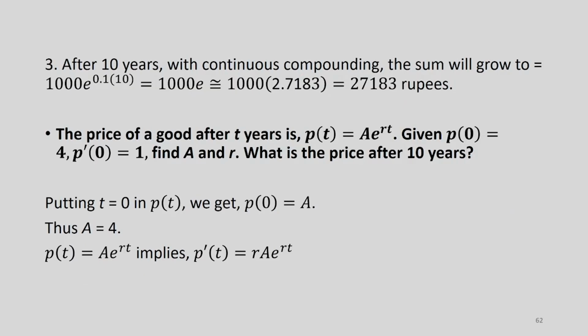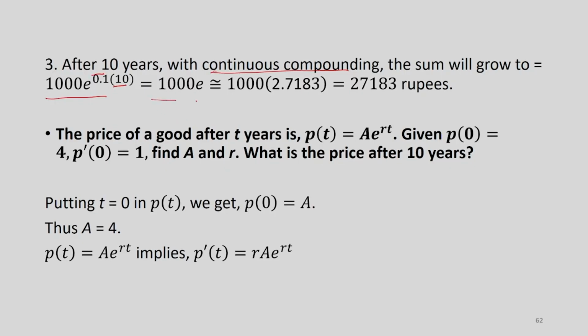And in the third case, the principal sum remains the same, the annual rate of interest remains the same, the time remains the same, but here the compounding is being done continuously, and here the formula is this: 1000 multiplied by e to the power RT, R is 0.1, T is 10.